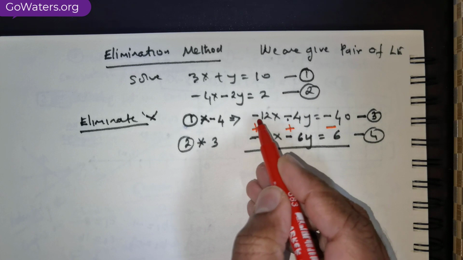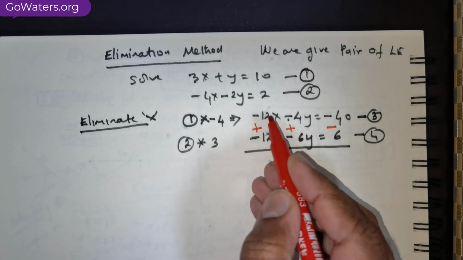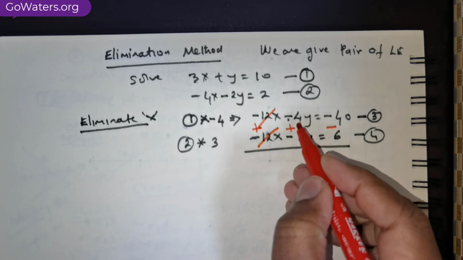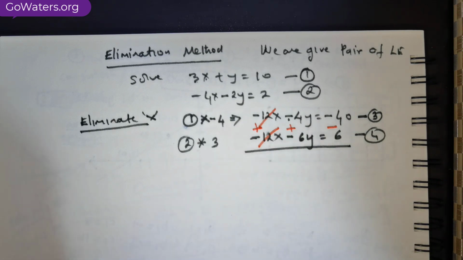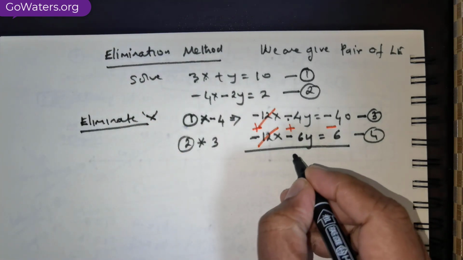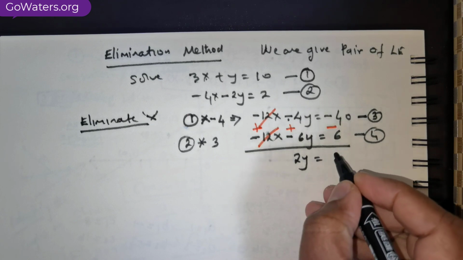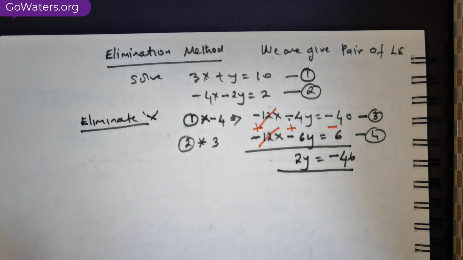So clearly you have a negative 12x that has to be added with positive 12x. So these two quantities can be cancelled. You have negative 4y added with positive 6y, and that is going to be giving you 2y. You got negative 40 added with negative 6, that's going to be negative 46. So this is what you have got.